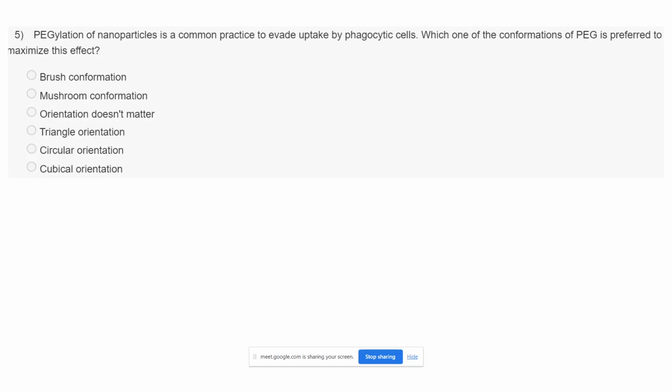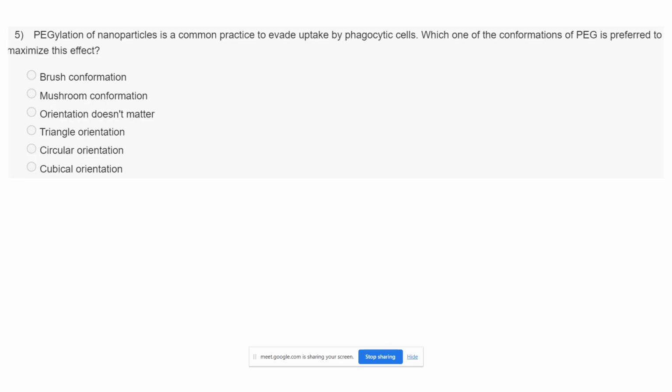Option A. Brush conformation. Okay. Anyone else? Anyone else would like to answer?